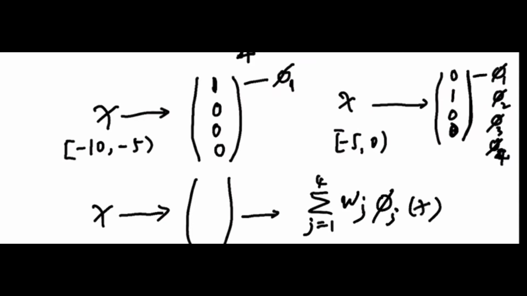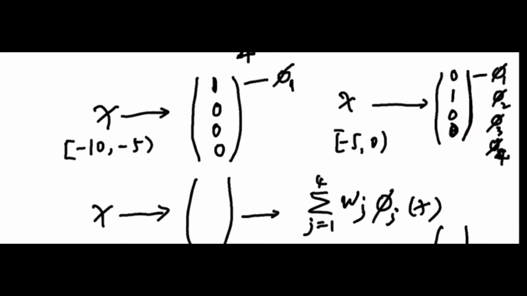If we write it in matrix format, it will be like this: w1, w2, w3, w4, a row vector, multiplied by this vector of features.